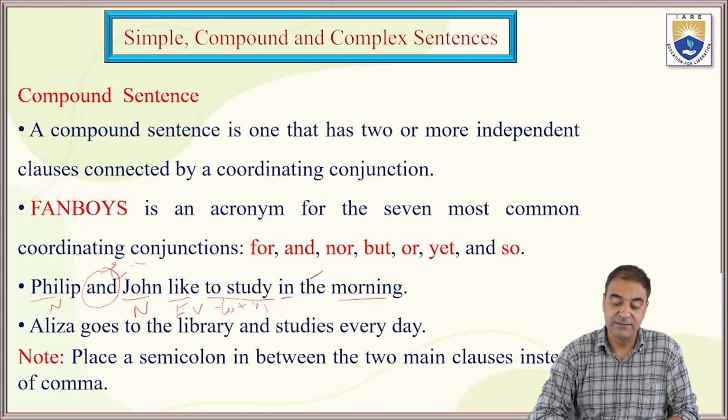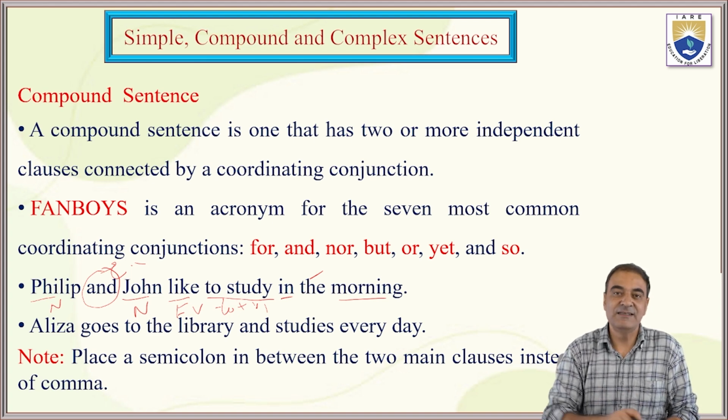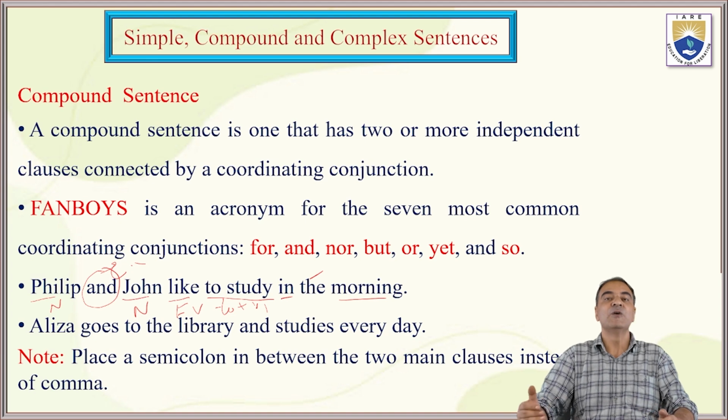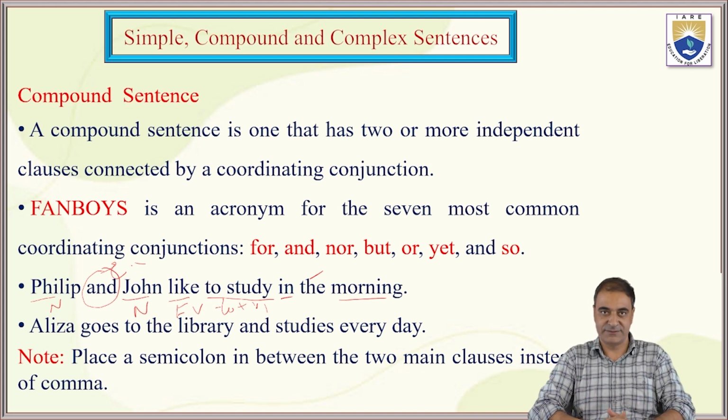Okay, now don't take this sentence as a simple sentence. Yes, of course, we have here only one finite verb, that's like. But this sentence is a combination of two clauses. In fact, we have combined two independent clauses with the help of a coordinating conjunction, that is and.